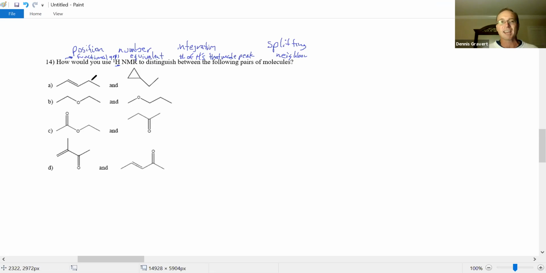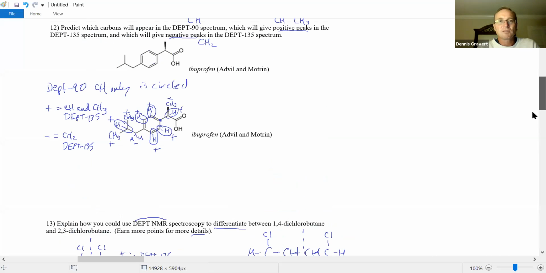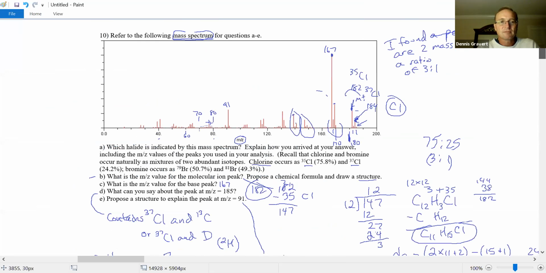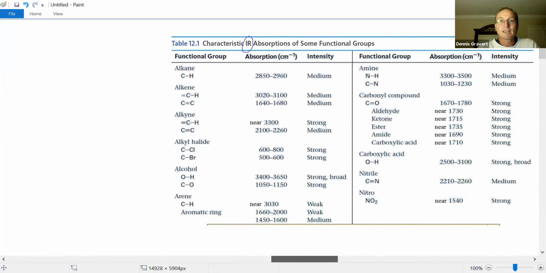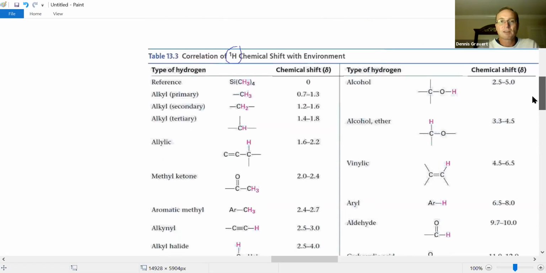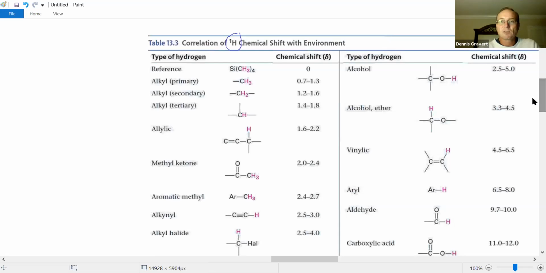So if I look at A, there's an alkene there and a cycloalkane. This is just alkane. There's an ene in here, an alkene. So I might think about position first. So what's the difference between alkanes and an alkene? Where's my correlation table? Over here? That's for IR. I want the one for hydrogen NMR. Here we go. Alkene, where are you?